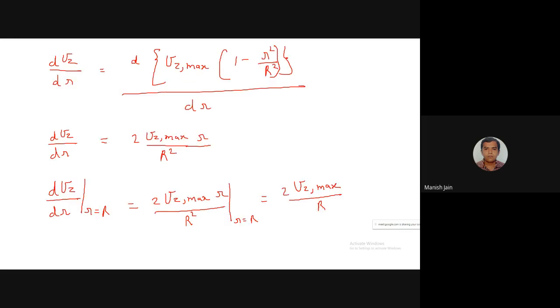Here the negative sign will also come, right? Because this is in the negative sign, so the negative sign will also come.